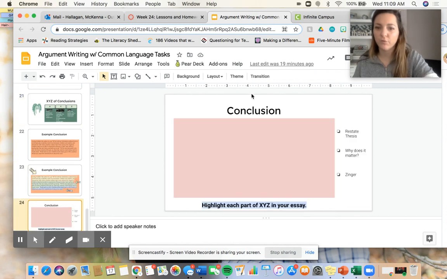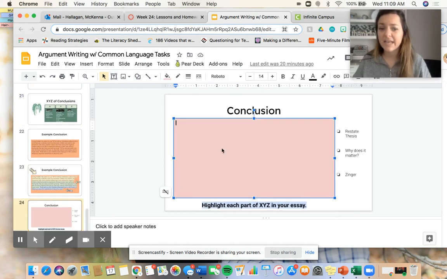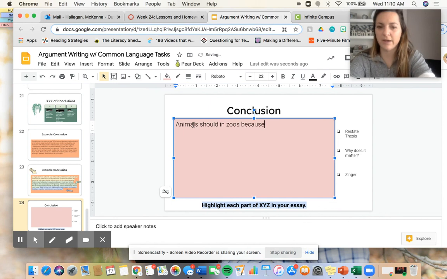Okay, so for example, say in my conclusion paragraph, I'll make the font a little bit better, I use a thesis as follows. Animals should be in zoos because they are well fed.